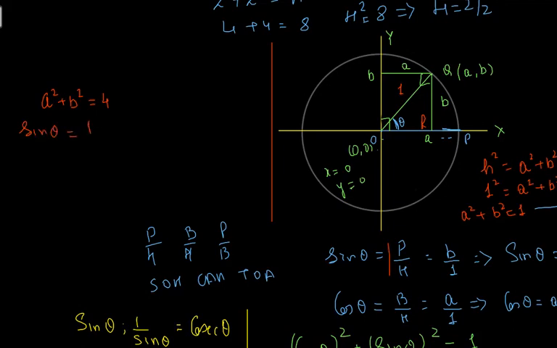It is perpendicular over hypotenuse. What is our perpendicular? B. What is our hypotenuse? 2. What is cos of theta?